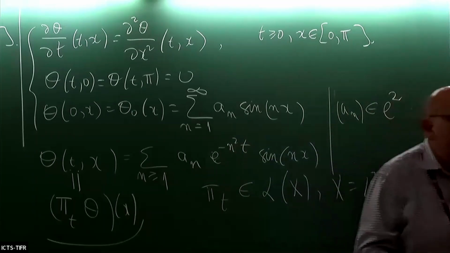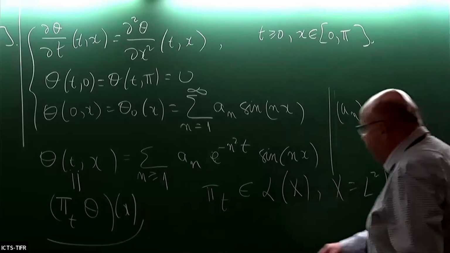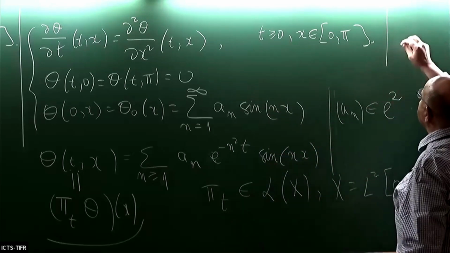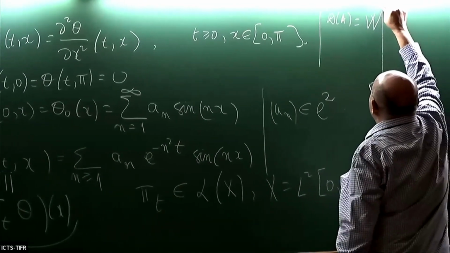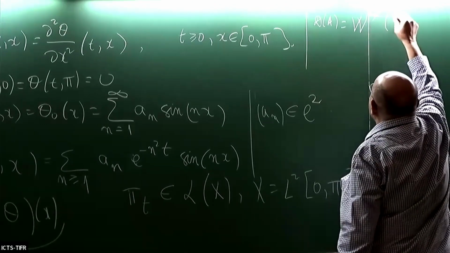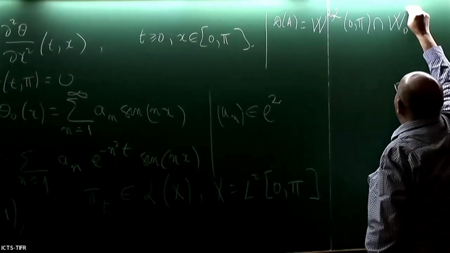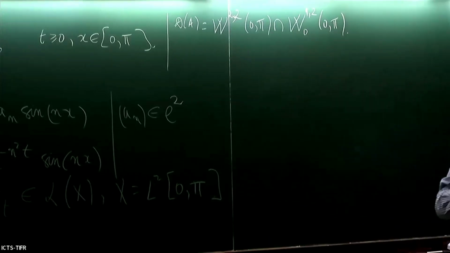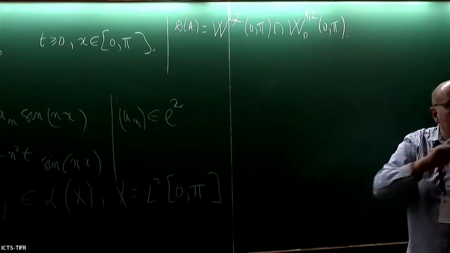So I have a semigroup, and then I compute the generator. The generator here, if I choose this space, is not difficult to compute in this case. I have a domain which will be the Sobolev space W^{2,2} of 0 pi intersected with W_0^{1,2} of 0 pi. For reasons which will be clear in the next talks, I prefer this notation for Sobolev spaces with 2 indices instead of 1, even if my second one will always be 2.